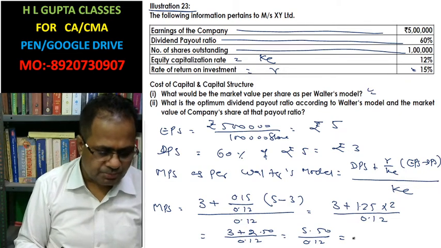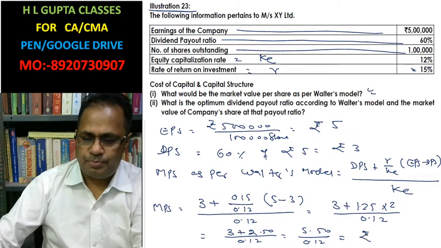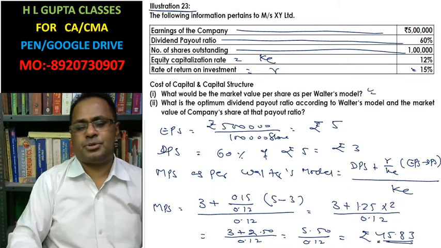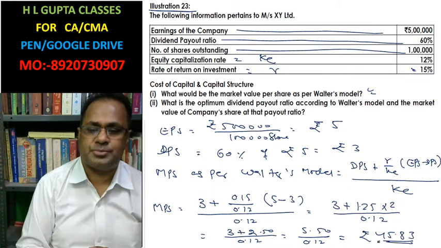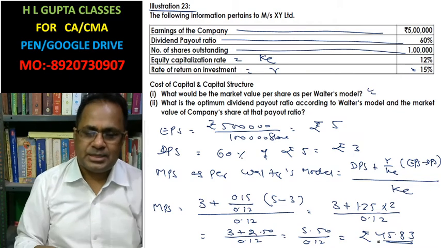The market price per share is 45.83 rupees. This is the market price per share as per the current dividend payout ratio. So this is the answer of the first part.